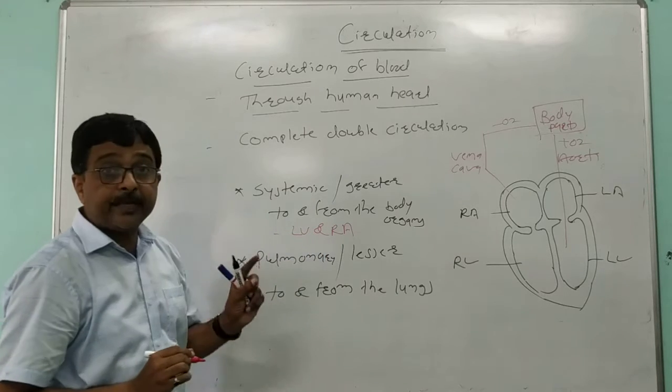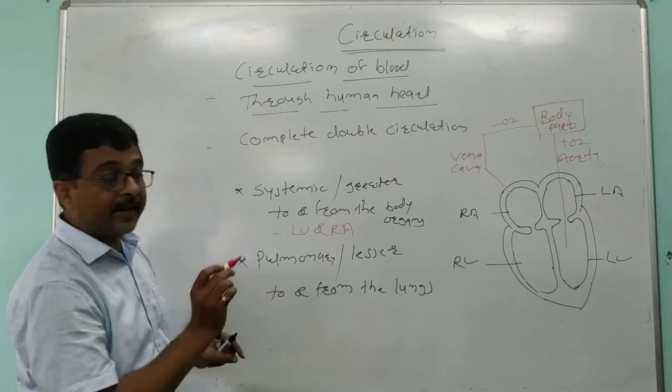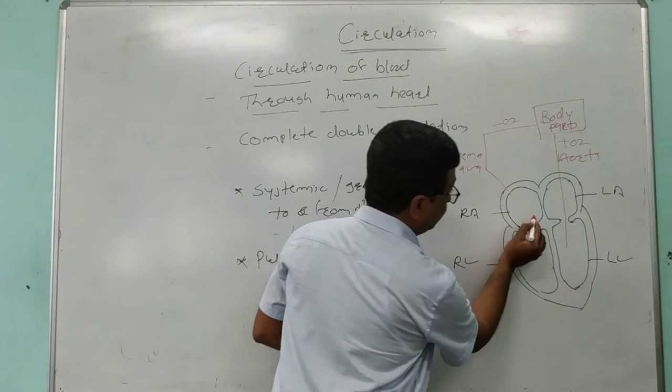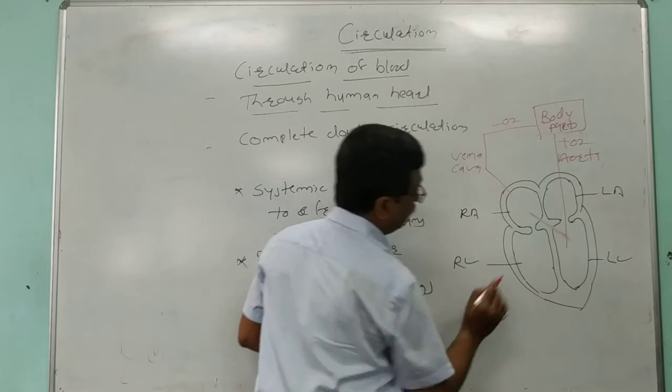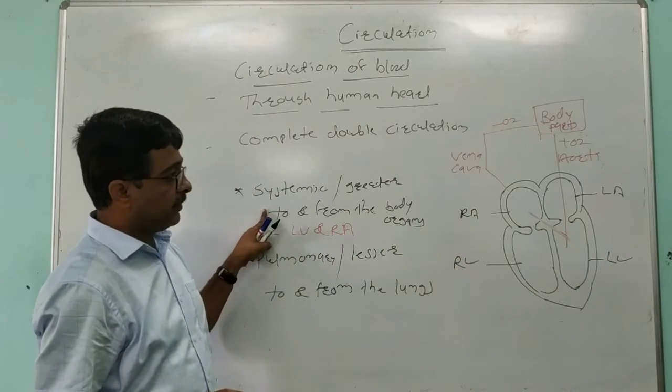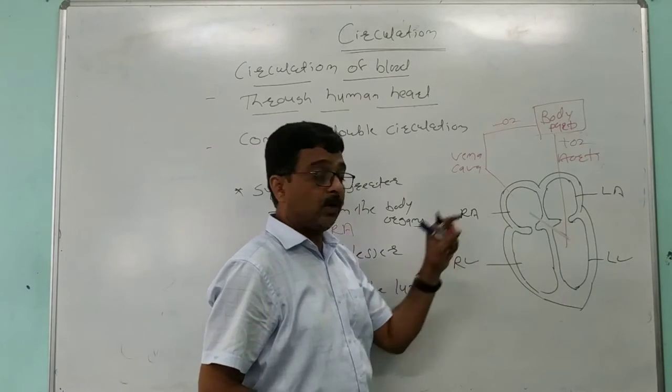So these are the two chambers which are responsible for systemic or greater circulation. So here we can draw this. These are the two chambers responsible for systemic circulation, that is left ventricle and right auricle.